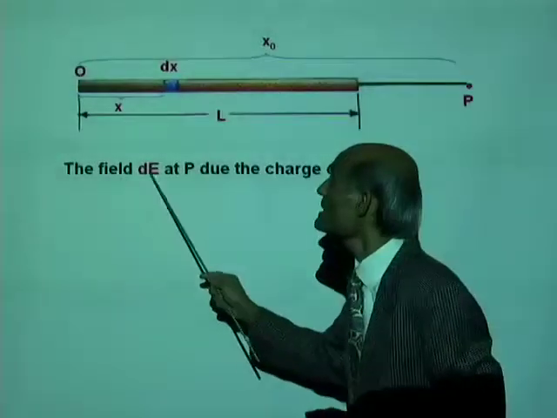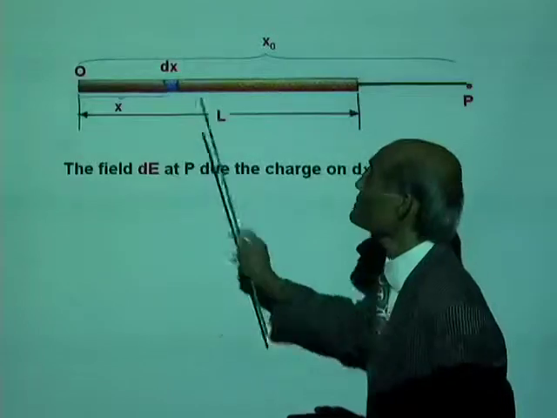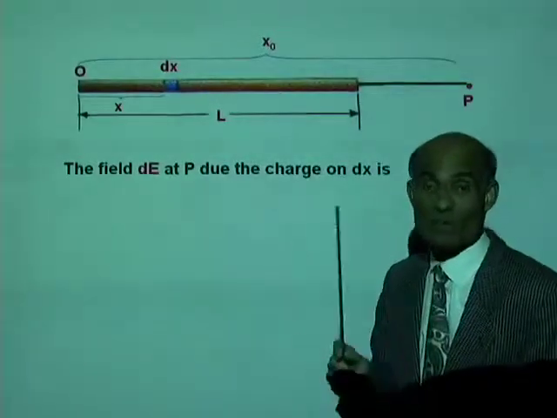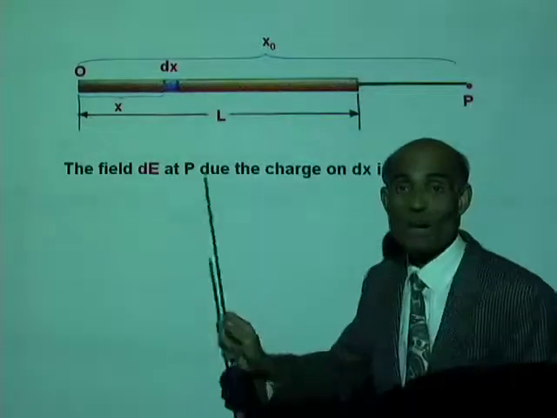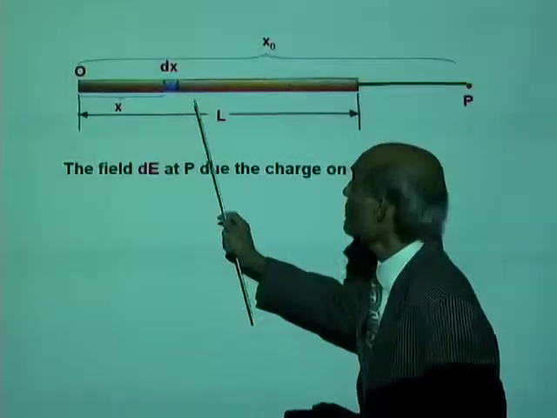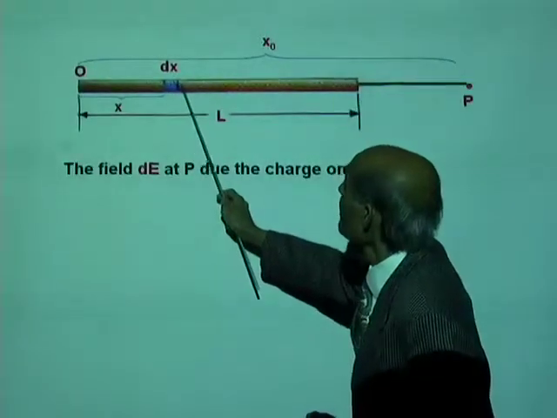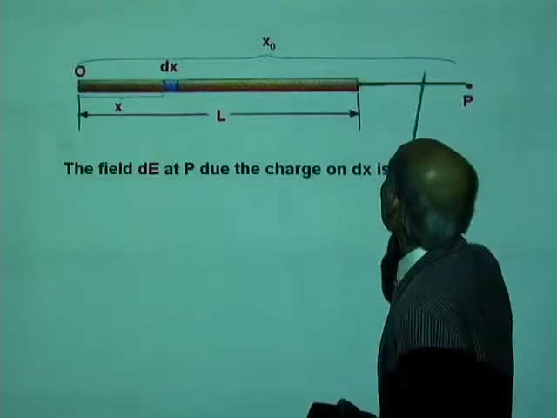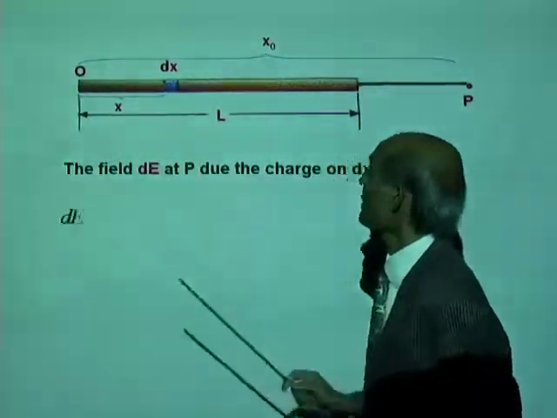The field dE at P due to the charge on dx will be kq divided by r squared, where q equals lambda dx and the distance r is what? The distance of this from P will be this x0 minus x.